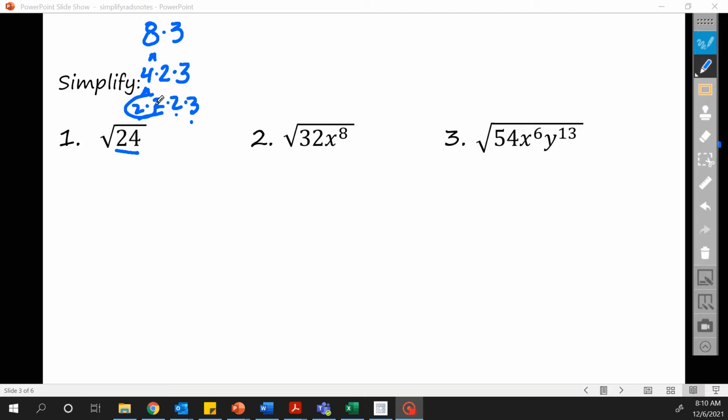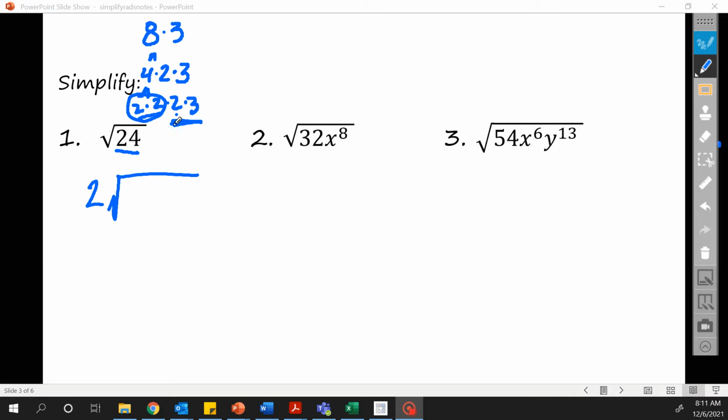Well, these 2 factors of 2 can actually come out of the radical because we're looking for factors of 2. And that should make sense because 2 times 2 is 4, and the square root of 4 is 2. So a factor of 2 can come outside the radical because there's 2 factors of 2 underneath the radical.